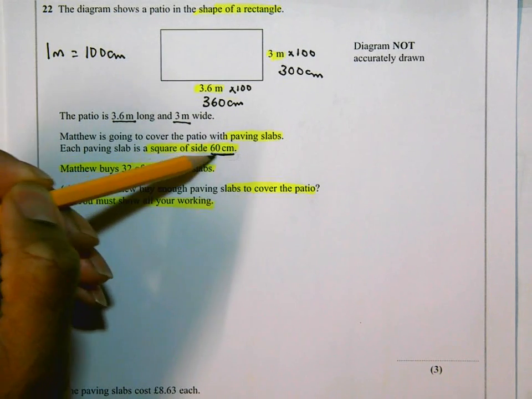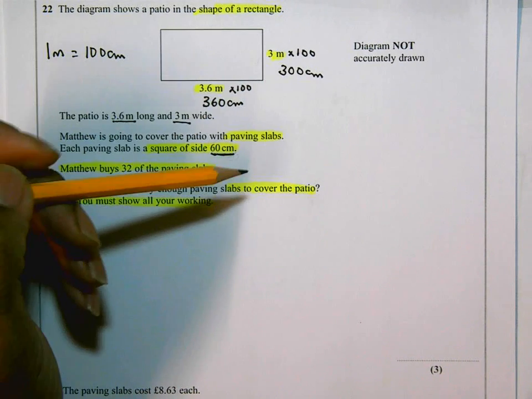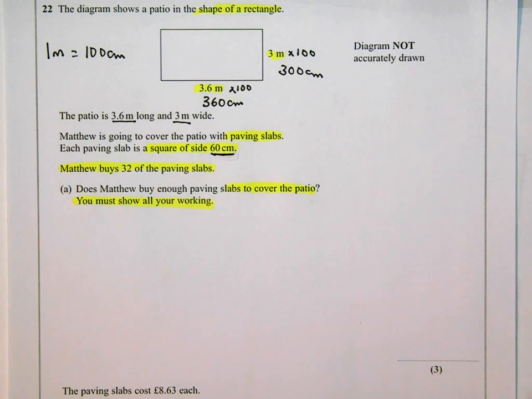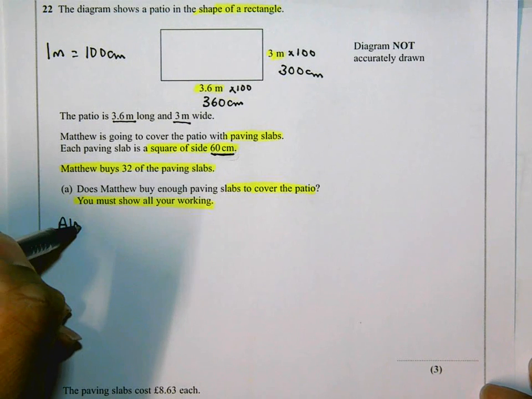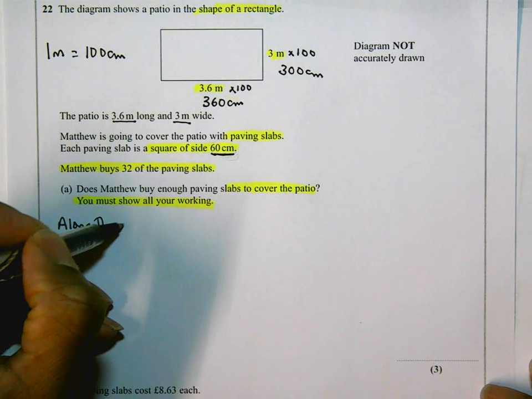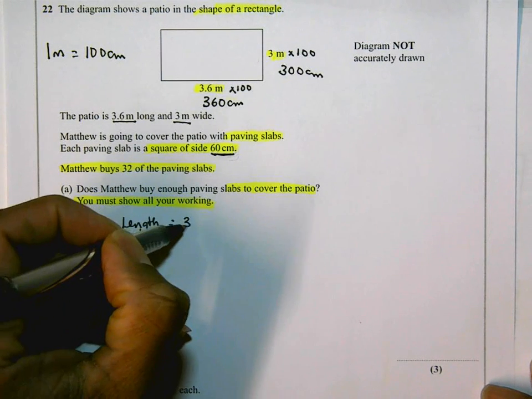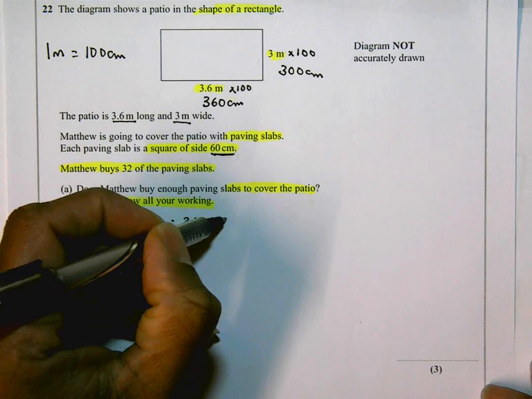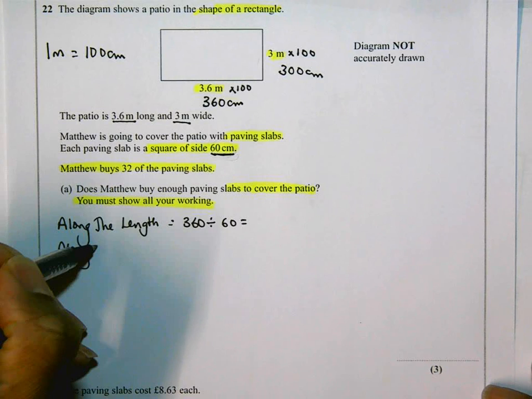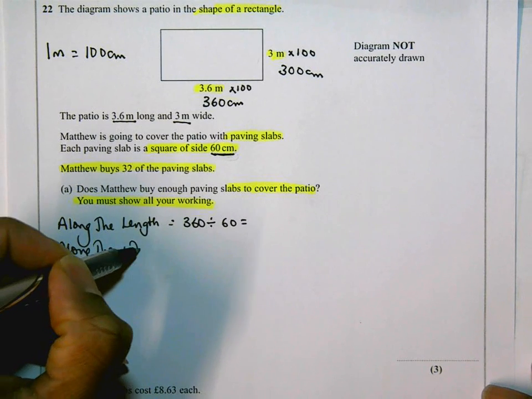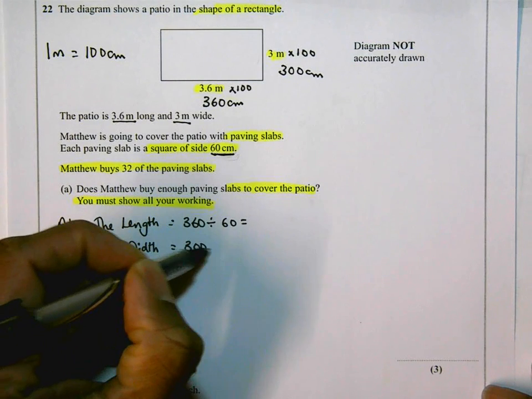What I could do is find out how many of these 60 centimeter sided paving slabs are going to fit along there and along there. So along the length, I'll need 360 divided by 60 paving slabs, and then along the width, I'll need 300 divided by 60 paving slabs.